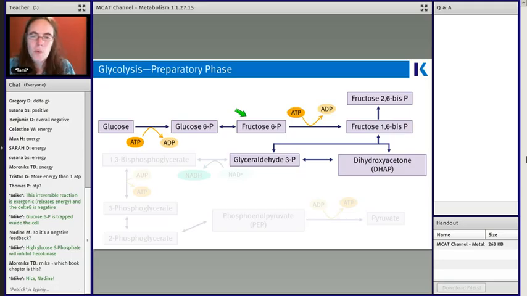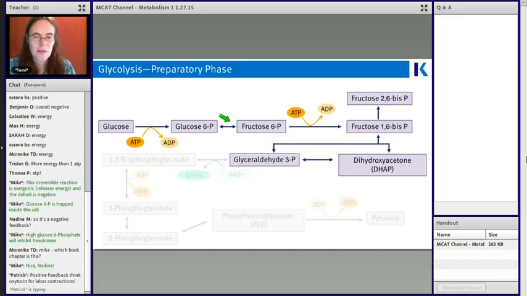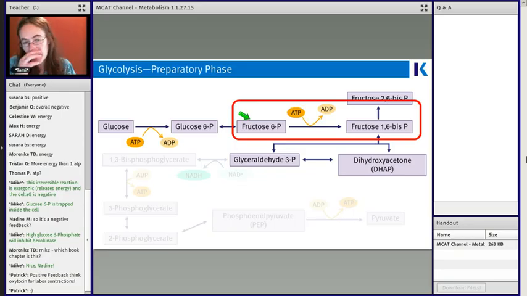Now, step 2, we're not going to look at in depth because we're not using ATP here. Step 2 is simply taking glucose 6-phosphate and making it into fructose 6-phosphate. Okay? So that's simply this here. That's step 2. But step 3 we're going to look at. And the reason we're going to look at step 3 is because it takes energy. We're putting in yet another ATP.